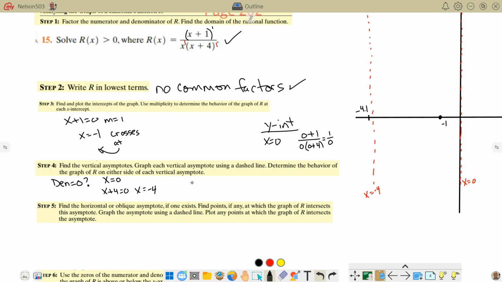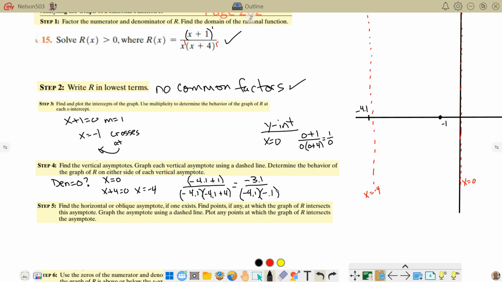So when I put negative 4.1 in for x in the numerator, I get negative 4.1 plus 1. And it's all over negative 4.1 times negative 4.1 plus 4, which comes out to be, let's see, negative 3.1 in the numerator, and down here I got negative 4.1 times negative 0.1.